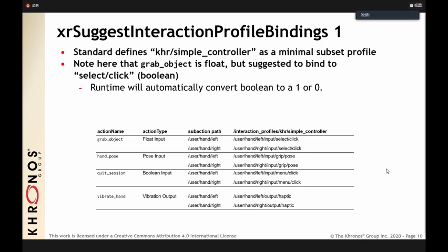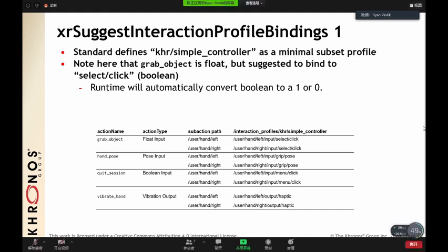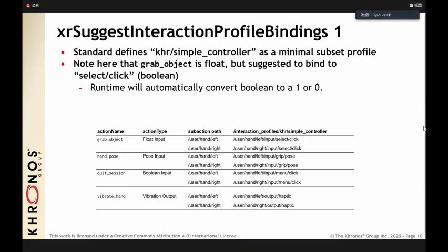Overall, as you'll see is a pattern, the suggested binding path for the interaction profile, starting with user hand left, will be marked as for the sub-action path of user hand left, and similarly for user hand right. In this application, all actions can be done with either hand, but you would not see this pattern if you had actions that could only be performed by one hand.